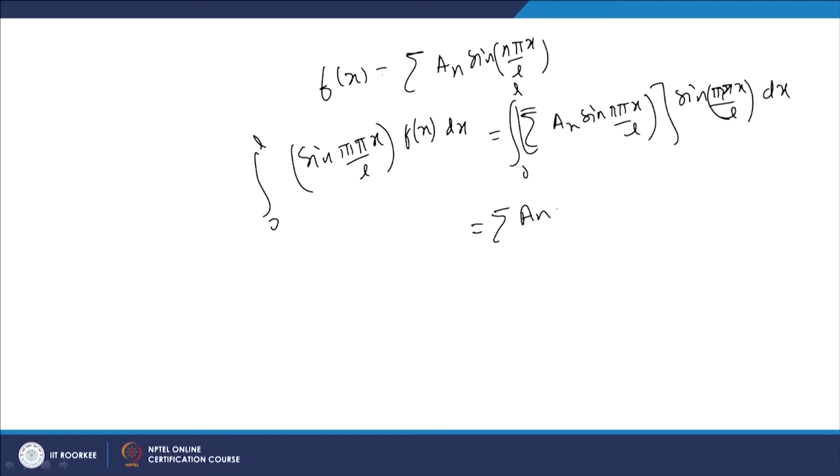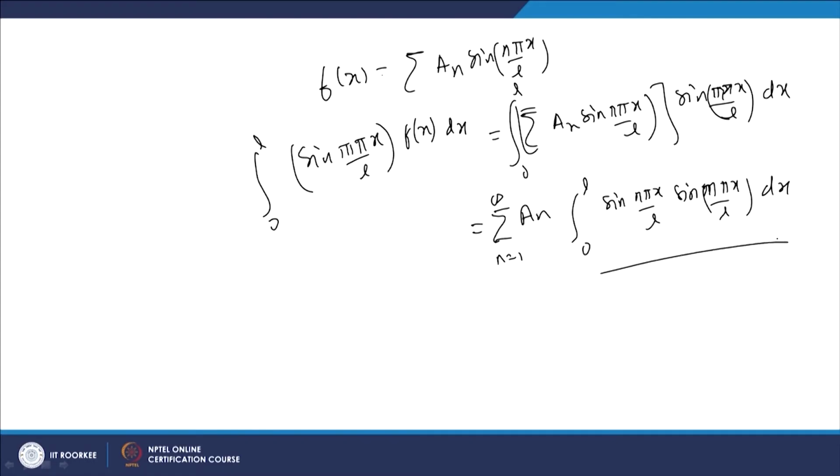Assuming that this infinite series is uniformly convergent, we can write it here as n equal to 1 to infinity, a n, integral 0 to L sin n pi x by L sin m pi x by L dx.